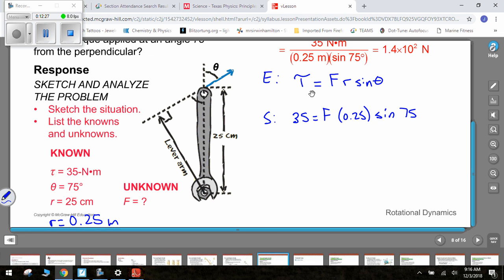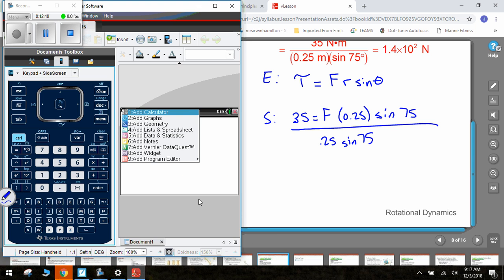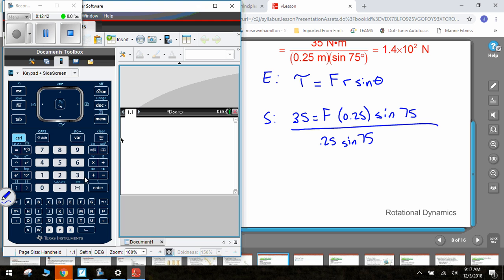All right, now that most people have calculators, I'm going to solve this for F. That means I just have to divide by 0.25 sine 75. So on the calculator, we do 35, divide by, and we're going to use a parenthesis because we want everything at the bottom to be stuck together.